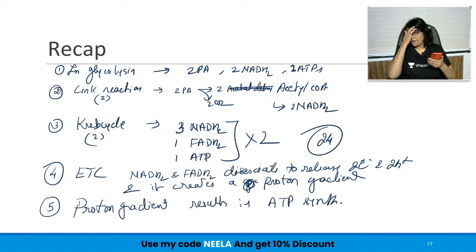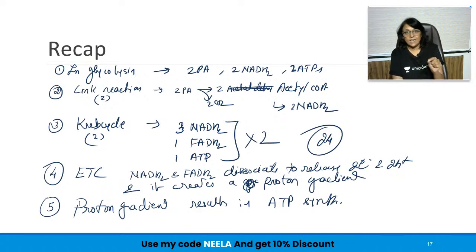So see, the first 3 steps, glycolysis, link reaction and Krebs cycle, have given us something, either ATP, which is like cash, or a check in the form of NADH2 and FADH2. If you remember, when we go to the bank, there is a counter where we deposit the check, and then there is a counter from where we collect the cash.